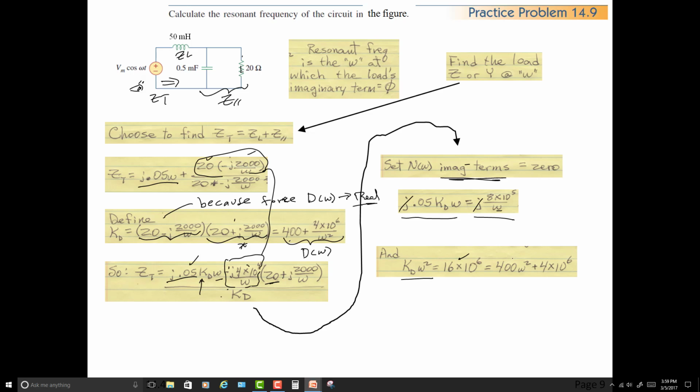Dividing then by kd, we're going to end up with my kd contribution. All right, wait. Let me be a little careful here. I'm sorry. This is going to be kd times w squared, right?